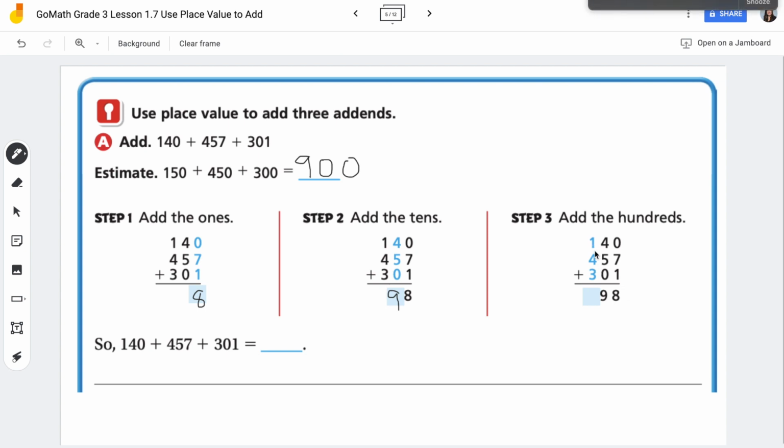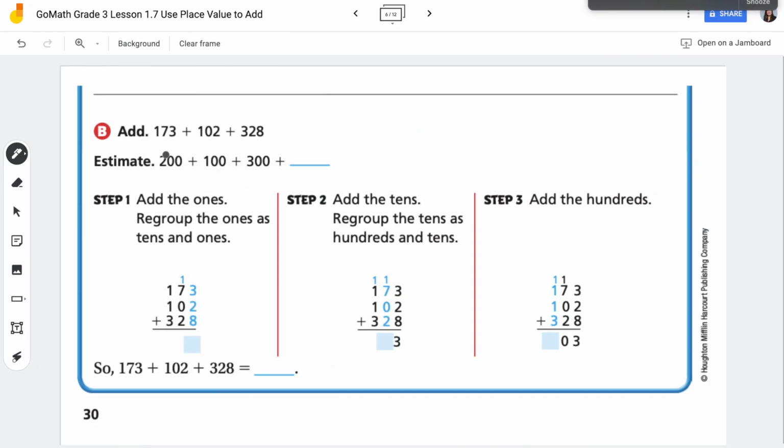I need to add the hundreds. 4 plus 3 is 7, plus 1 is 8, right? So 140 plus 457 plus 301 is 898. And take a look. 898 is pretty close to 900.